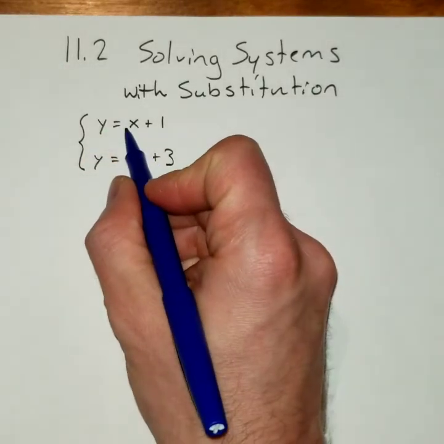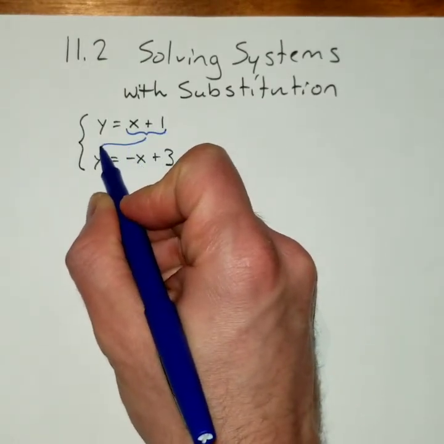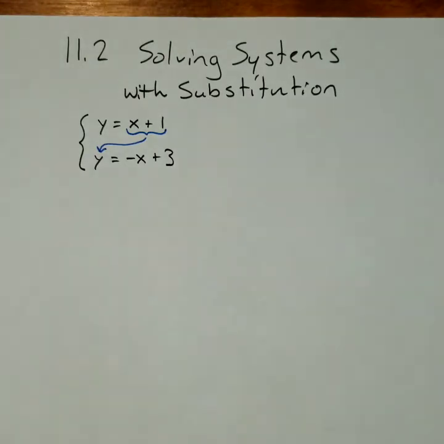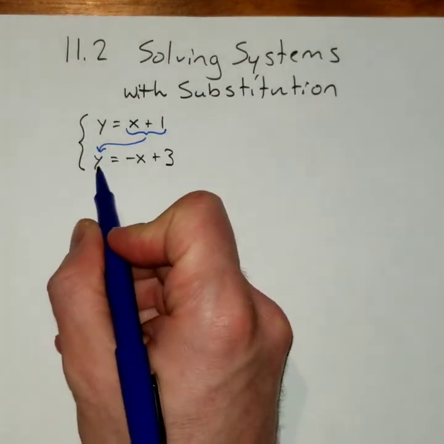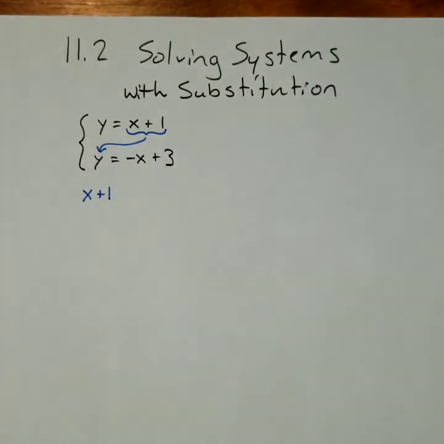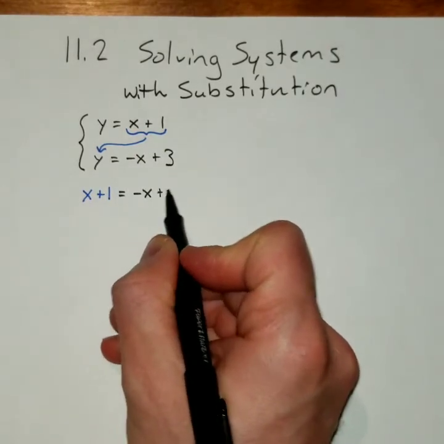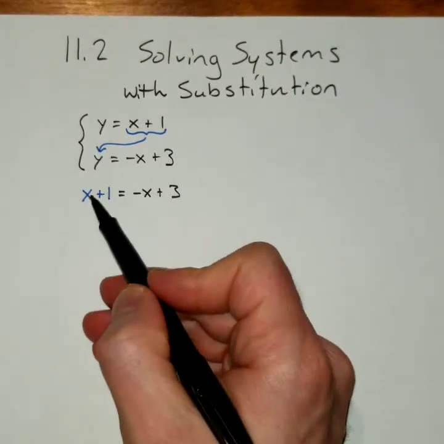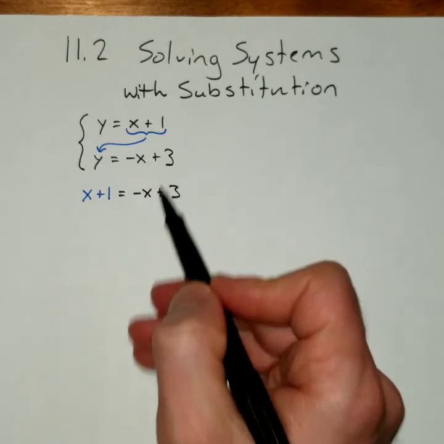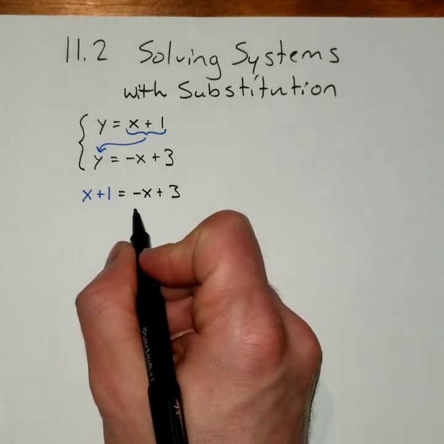So we're going to take this expression and replace y with it in the other equation. On the left, this y becomes x plus 1, and that's going to be equal to negative x plus 3. You can see how this y turned into the x plus 1, the negative x plus 3 stays, and then we solve for x.